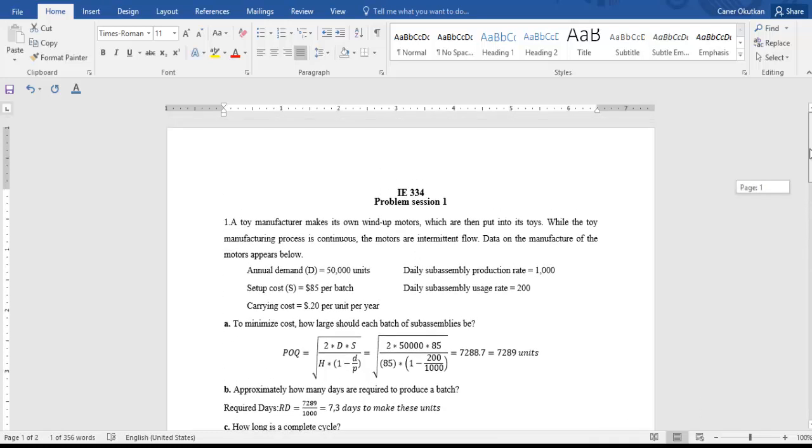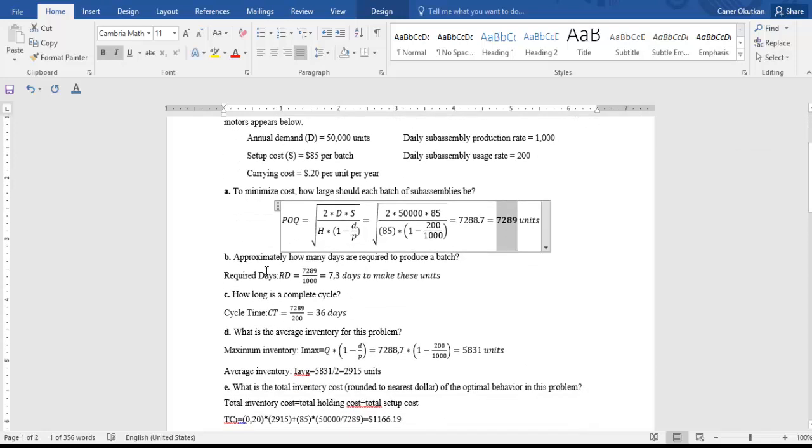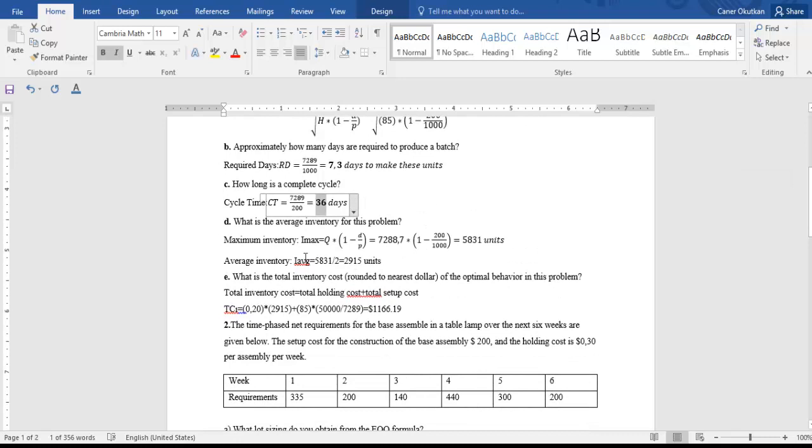So in this question we can see the questions are about the production order quantity. In question A we find the order quantity. In question B, how many days are required to produce a batch? We find the required days. In question C, how long is a complete cycle? Cycle time, 36 days. And question D, the average inventory.